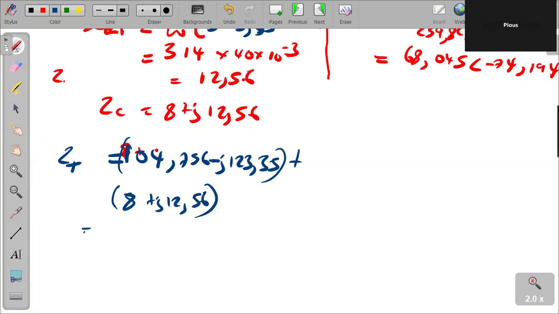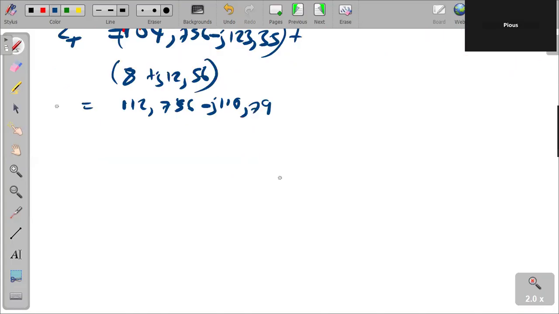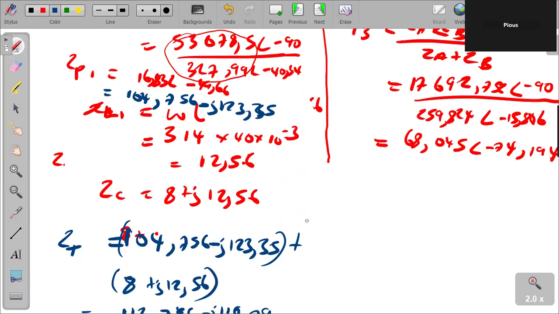If we add this, it's going to give us 112.756 minus j110.79. Converting that to polar, that will be 158.077 angle of negative 44.496 degrees. So we have our ZT for the fundamental.